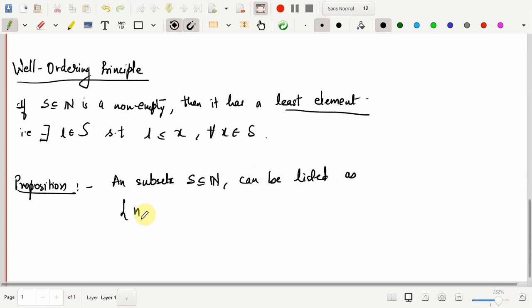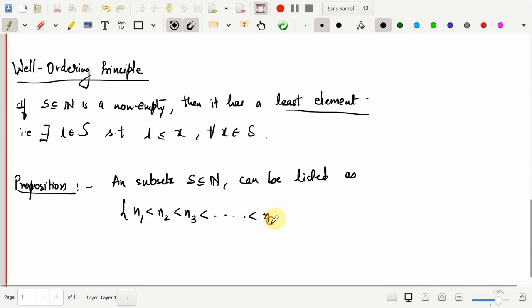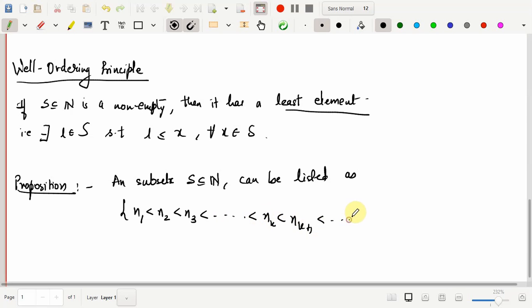The first element I will call n1, that's the least among the elements, then n2, then you have n3, and this goes on. Say at some point you have n_{k+1}, and this process goes on. It never ends as the set is infinite. So n1, n2, n3 till n_{k+1}, and it goes on, are some natural numbers and elements of S.